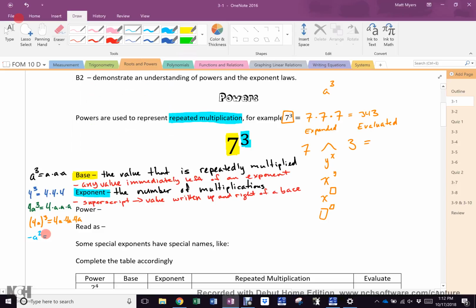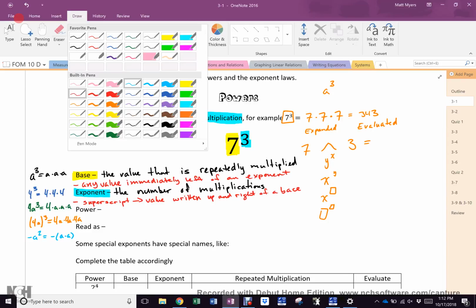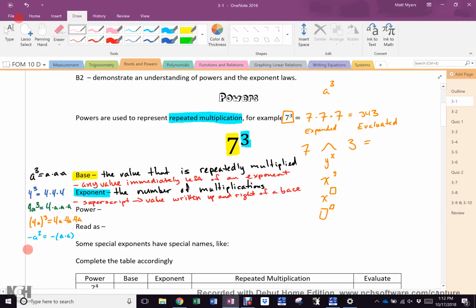A. So what repeats? A. So that is negative a times a. The pink line. Now what's the base? Negative a. So what repeats? The negative as well. Negative a times negative a.